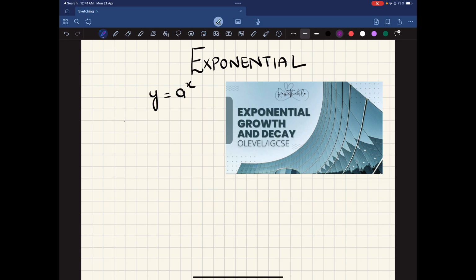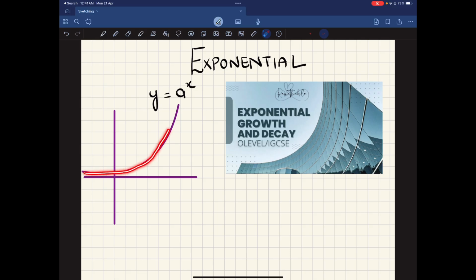Okay, so I've discussed graphs in this video as well. So this is a growth graph. Growth basically means that as you move from left to right, because that is how you read your graphs, your y increases.